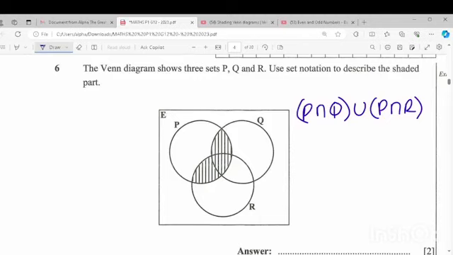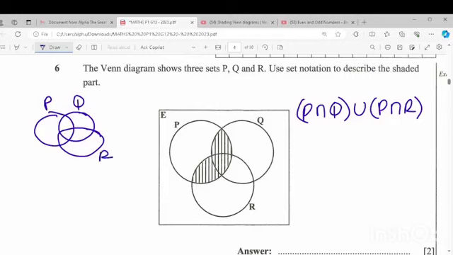We have these three sets: set P, set Q, set R. If we were to shade P intersect Q, P intersect Q is this part here. This is the intersection of the sets P and Q. Now, what about P intersect R?